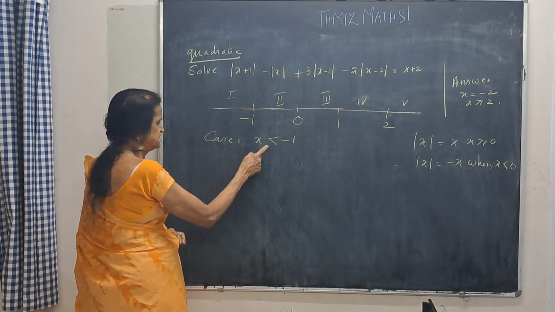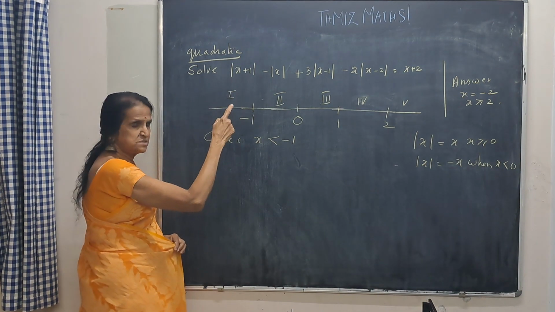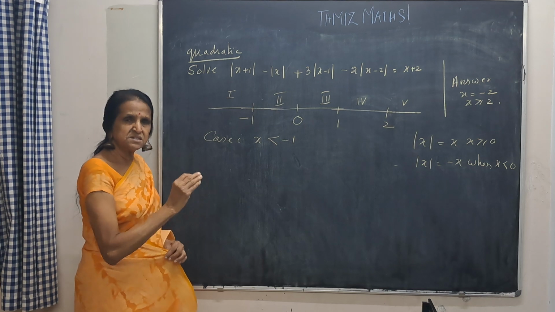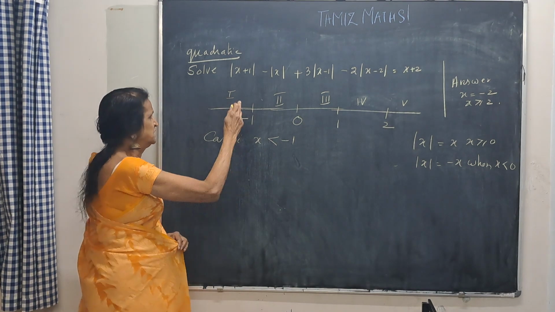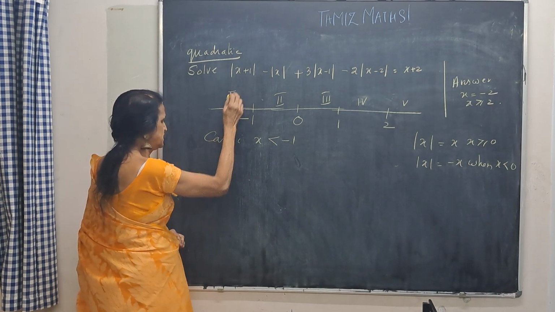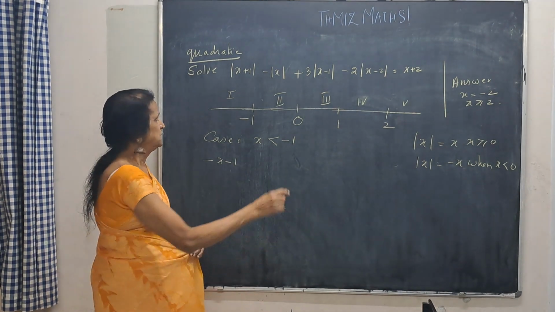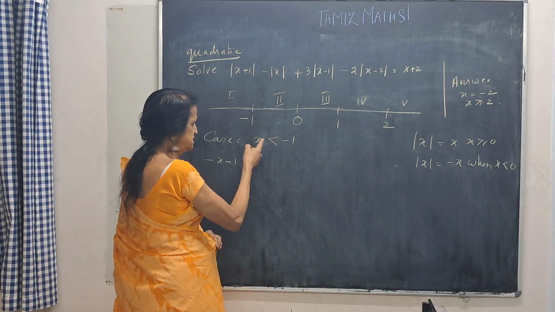Now x is less than minus 1. Take this. Won't this be negative? So remove the modulus step by step, with a lot of care. This will be negative, so it is minus of that. This also will be negative, because it's less than minus 1.